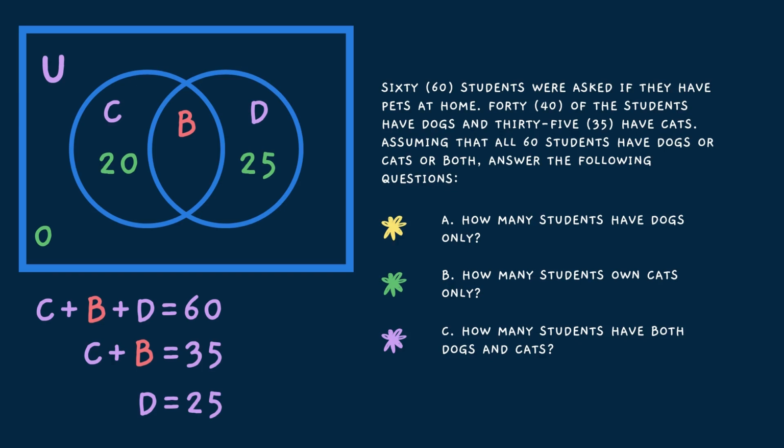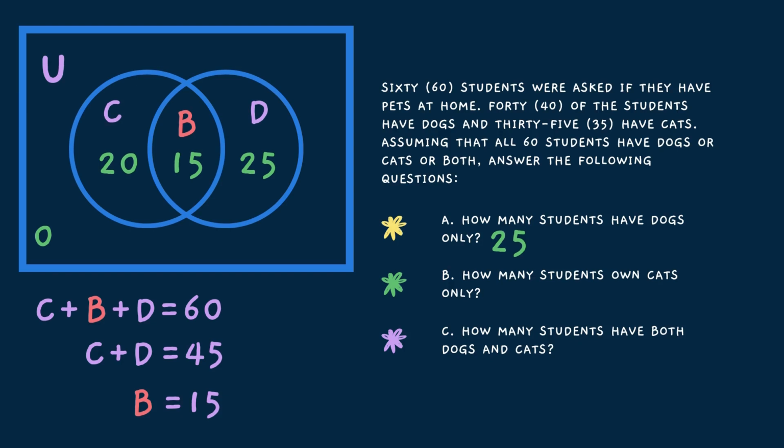And lastly, since nakuha na natin yung set C and set D, which is 45, makuha na rin natin yung number of elements ni set B by getting the difference of 60 and 45. So B is equal to 15. So let's answer now the following questions. Letter A. How many students have dogs only?